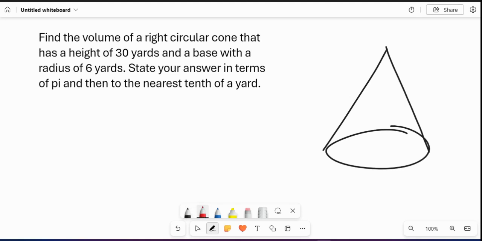Now, the height of this is 30 yards. So that means the height is 30. And the radius is 6 yards. Again, radius is from the center of the circle to the edge. That is 6. Now, the volume of a cone has a little bit different formula than a cylinder.